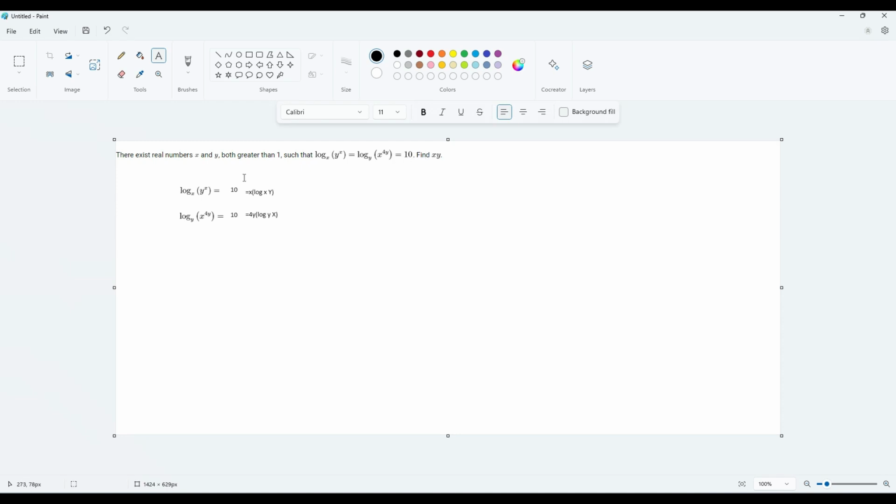But anyways, let's multiply these equations together and see what we get. Well, we don't really need to actually multiply them. As long as we have this 4y times x here, that's basically what the equation will be equal to, because log x of y times log y of x will equal 1. So we'll just write that as a formality actually.